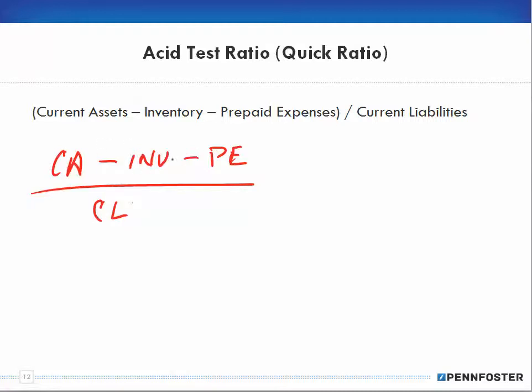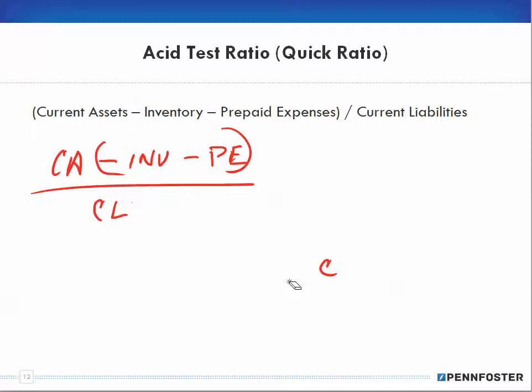So what's the difference between the acid test ratio and the current ratio? Remember, current ratio is current assets over current liabilities. Well, obviously the only difference is our inventory and our prepaid expenses. We're subtracting the inventory and subtracting our prepaid expenses.